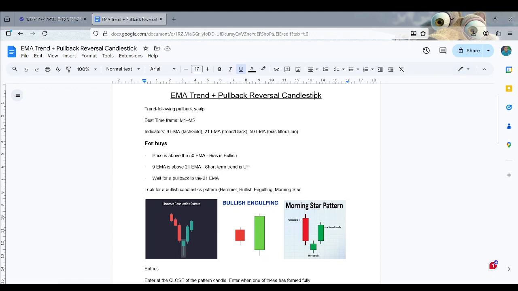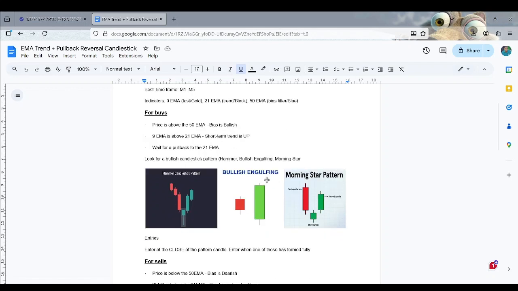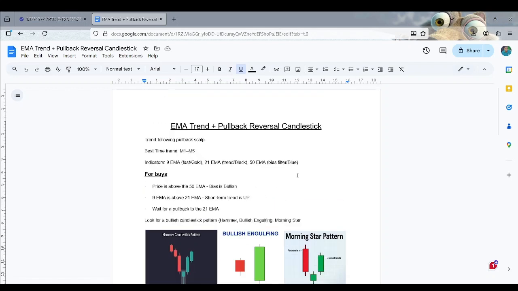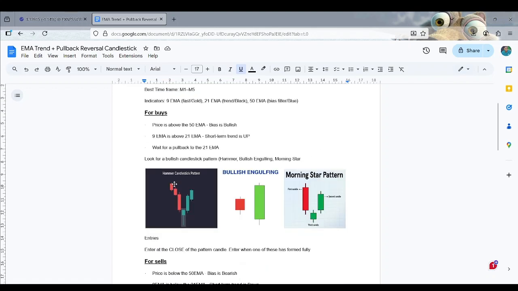Now, the 9 has to be above the 21 EMA, and we'll be waiting for a pullback to the 21 EMA. Now, remember we said it's an EMA plus candlestick pattern, so we'll focus on these three.